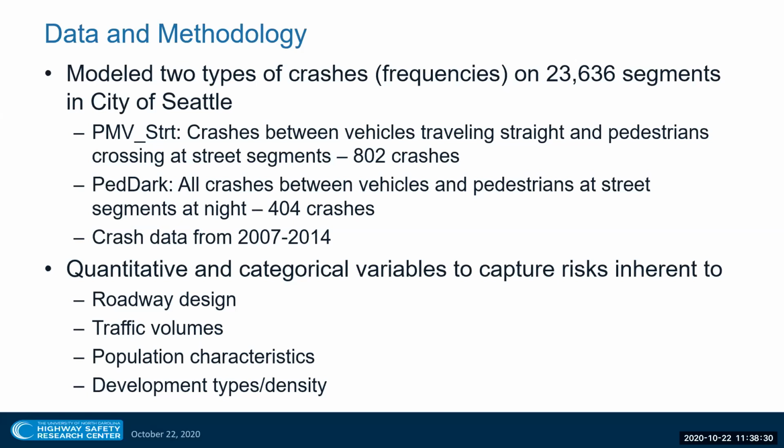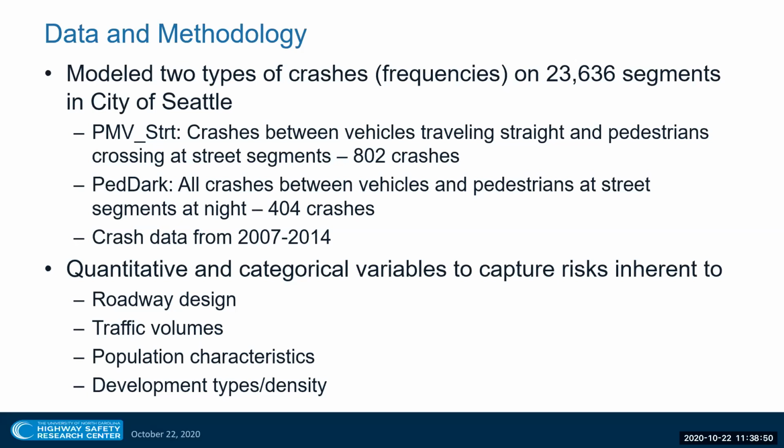Similarly, pedestrian crashes that occurred at night, we know lead to more severe injuries oftentimes. And we know that nationally as well, where about 75 to 80% of pedestrian fatalities are happening at night.